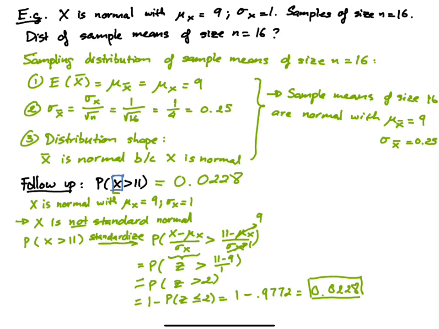The variable of interest is x. We know that x is normally distributed with a mean of 9 and a standard deviation of 1. So when you standardize this problem, you're supposed to use 9 for the mean and 1 for the standard deviation.